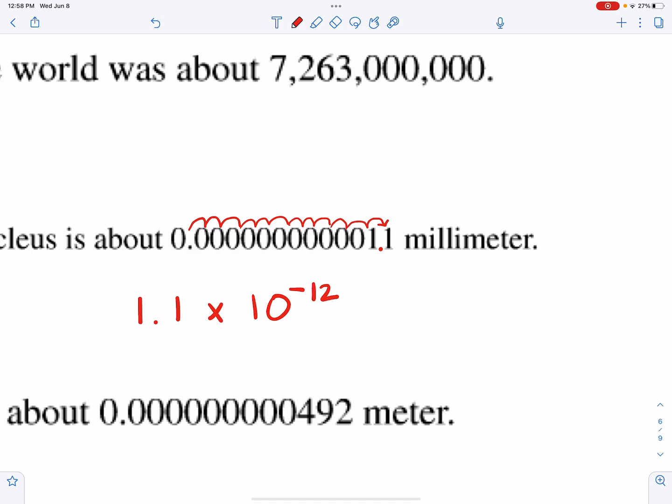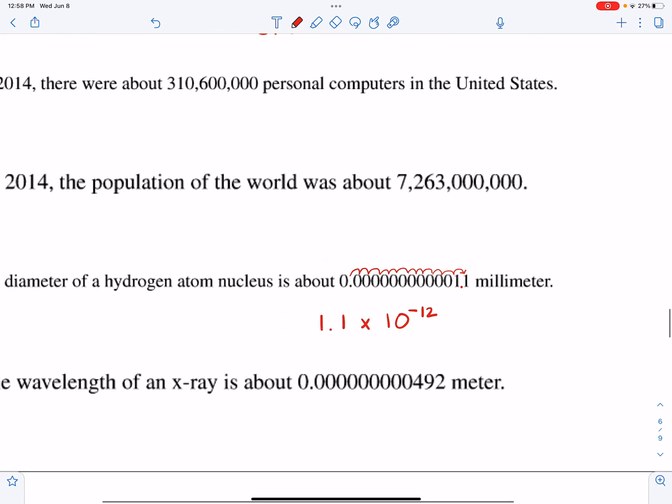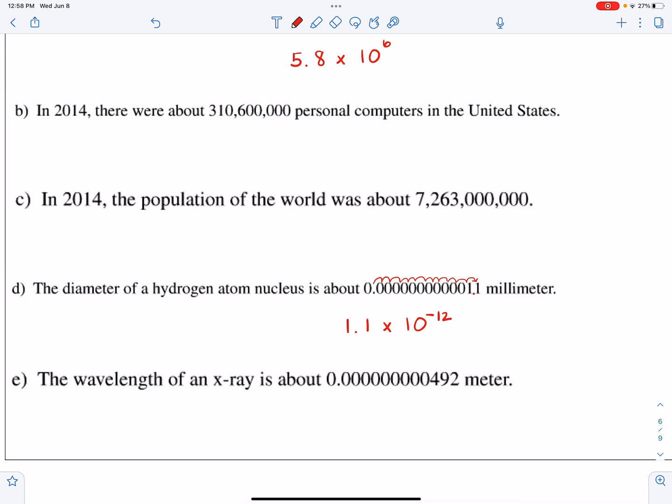So 12 places, and because it was moved to the right, and also just a little hint here, because it's a small number, the exponent will be negative in that scientific notation. Okay, so again, a couple other examples that you can try, and then check with your completed notes.